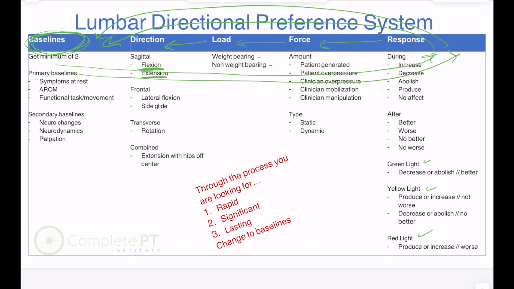You have assessed the sagittal plane, frontal plane, maybe the transverse or combined planes. You've gone through these different movements, and the patient is not exhibiting a directional preference. Then you need to start looking at your other classifications, your other 6 classifications, and saying, okay, what other clues do I have that might help me to link a patient to one of these other diagnoses?